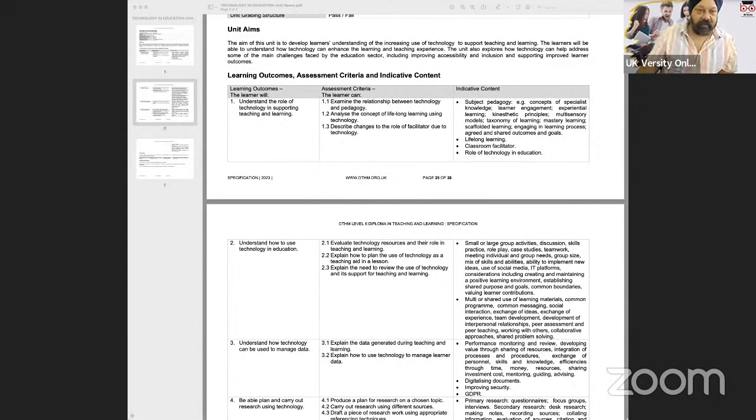Now, a quick recap of what we've covered so far in this unit. We have looked at learning outcome 1 and learning outcome 2. In learning outcome 1, we started with understanding the role of technology.